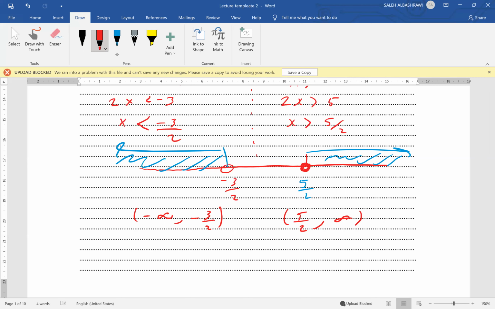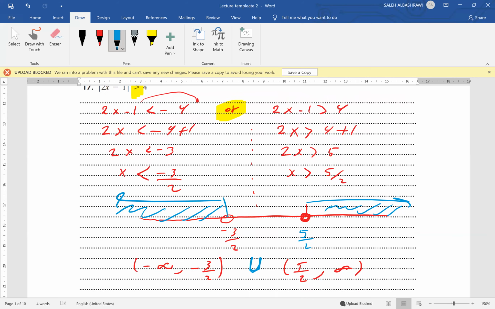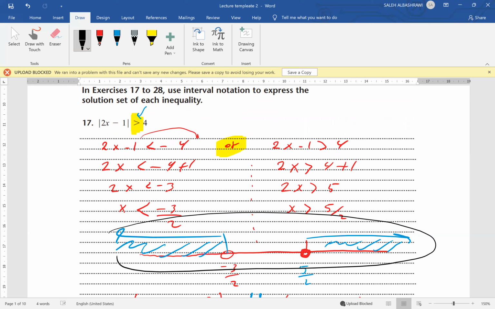But since we have or, this means the two intervals will be a union. So the solution set will be the first interval union the second interval. And we can say in general, if I have a greater than or equal, the solution will take this shape. One part will go to the left and one part will go to the right.